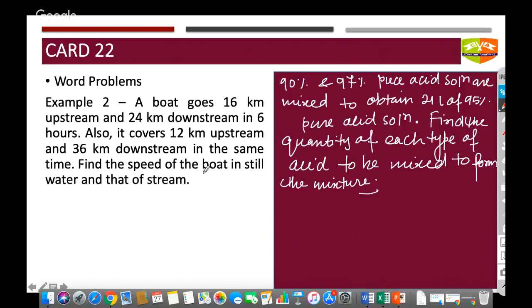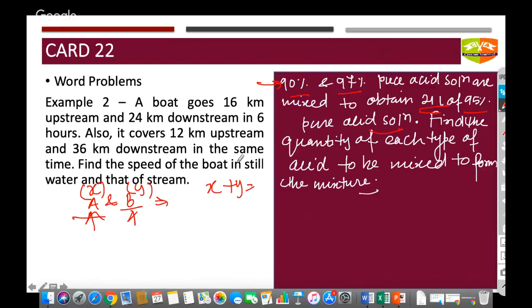Let the given solutions be labeled P and Q, or A and B, anything you can assume. I'm saying solution A and B. The total volume of X and Y together has been given as 21 liters. Suppose I take X liters of A and Y liters of B. This question doesn't look simple by reading because you have been given only one data: 90%, 97%, you obtain 21 liters of 95%.